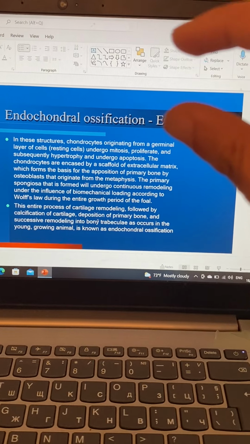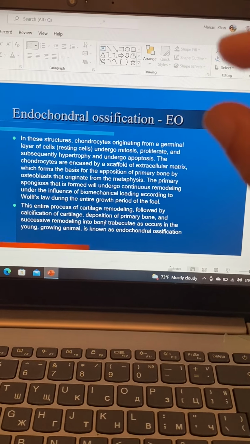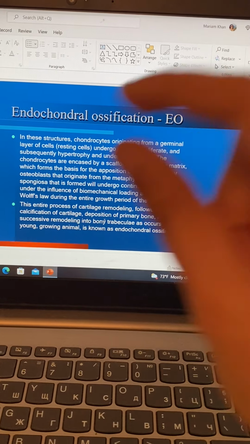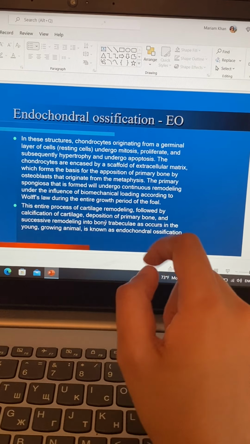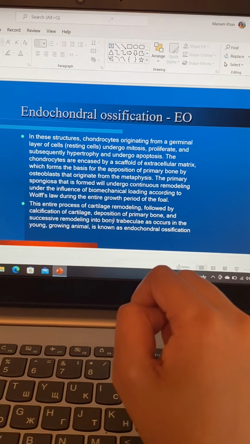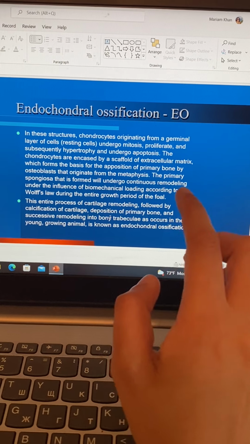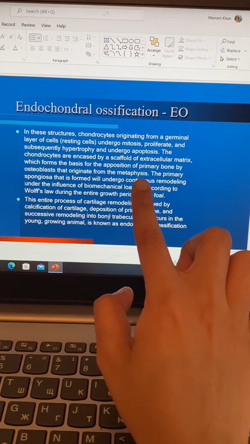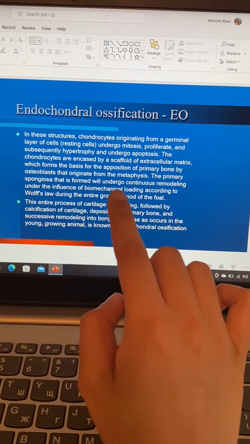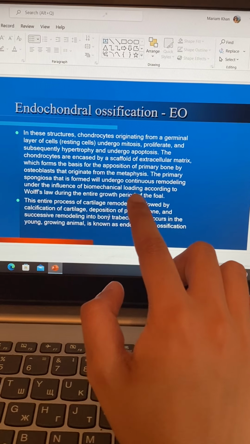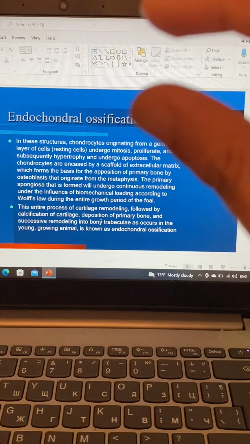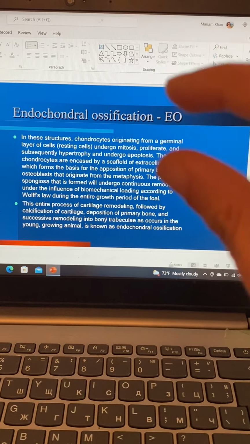So all this cartilage becomes bone using osteoblast cells that originate from the metaphysis. The primary spongiosa, so the spongy bone, is formed while undergoing something called continuous remodeling by the force of mechanical loading. So basically, the reason cartilage becomes bone is because of weight.